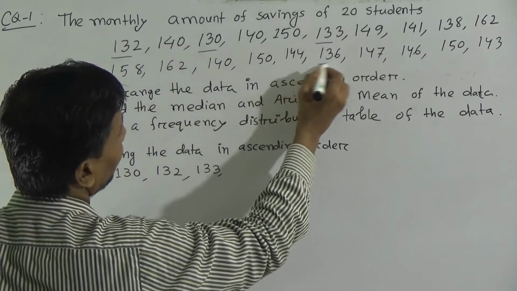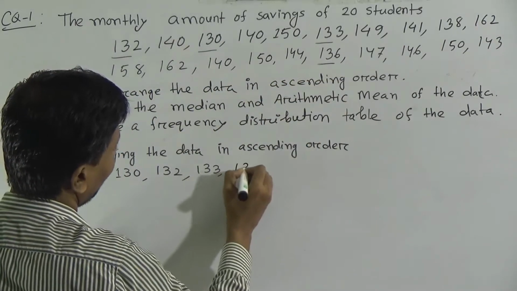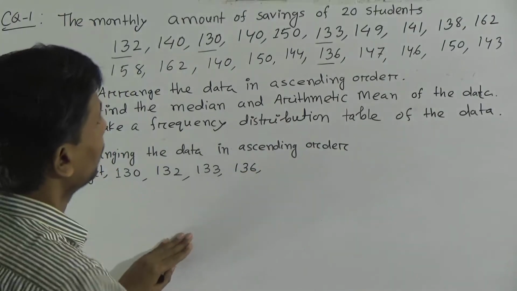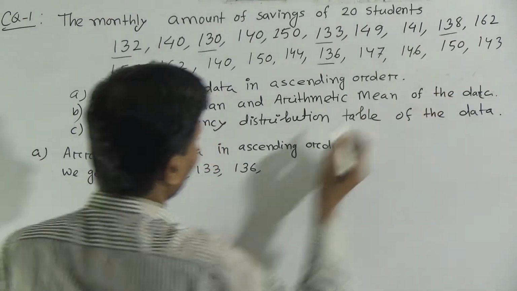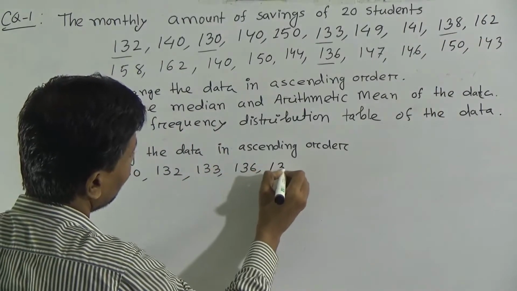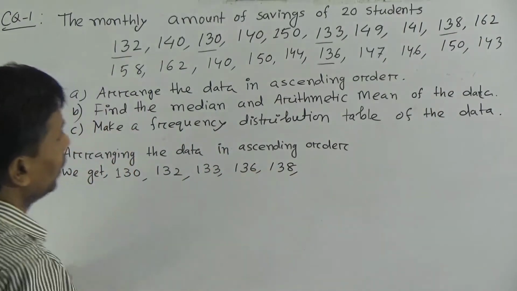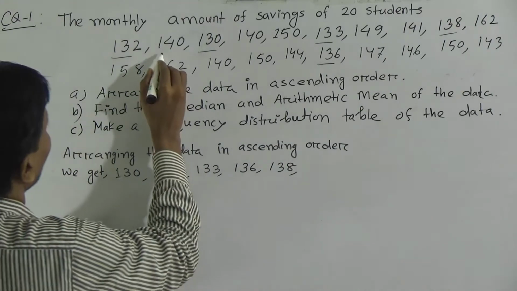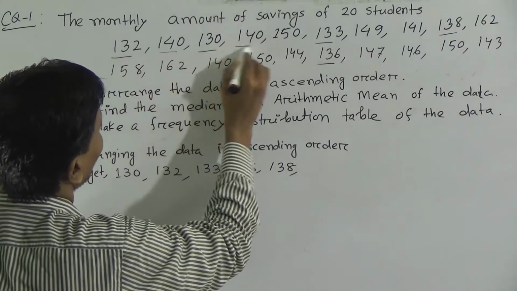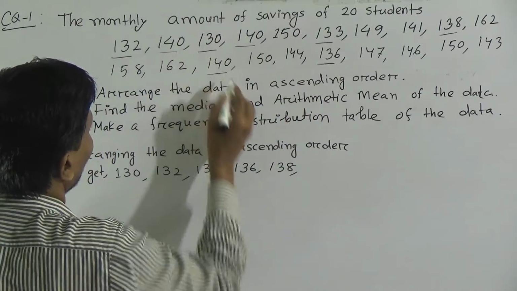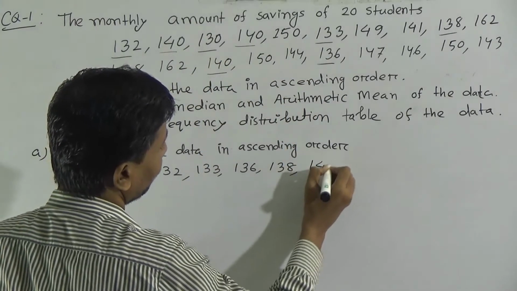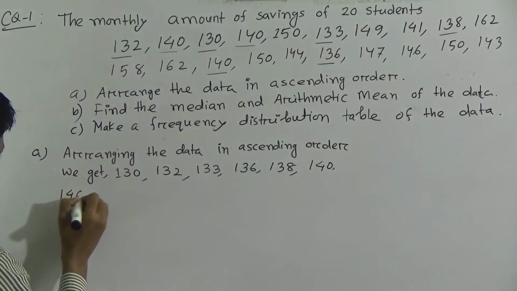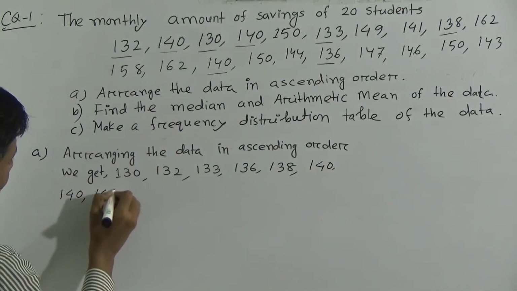Then 136, right here 136, then you see 138, then 140, and 140, right here 140, 140.